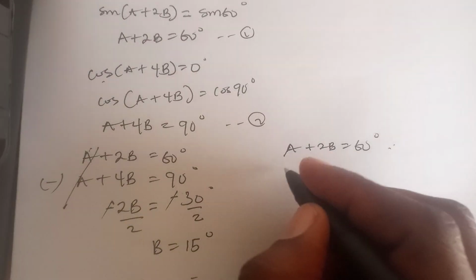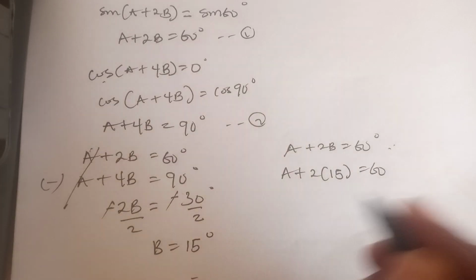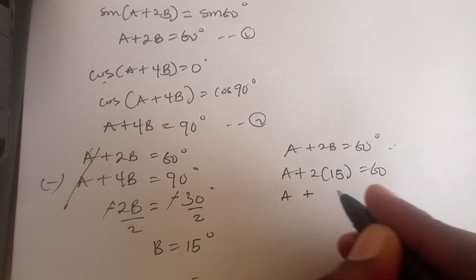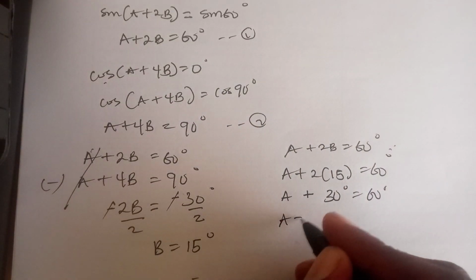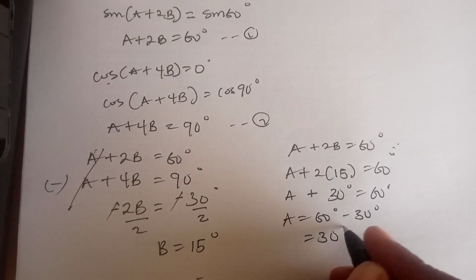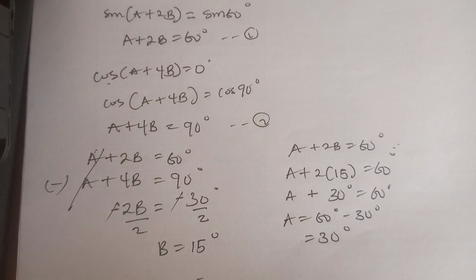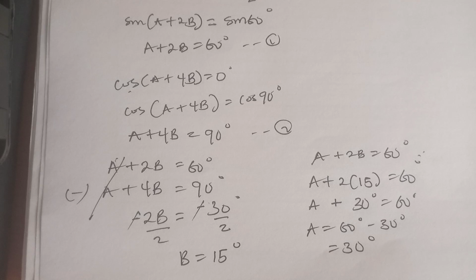So I will say A plus 2 times 15 degrees equals 60. So A plus 30 degrees equals 60 degrees. So A equals 60 degrees minus 30 degrees, which is 30 degrees. So A is also 30 degrees.